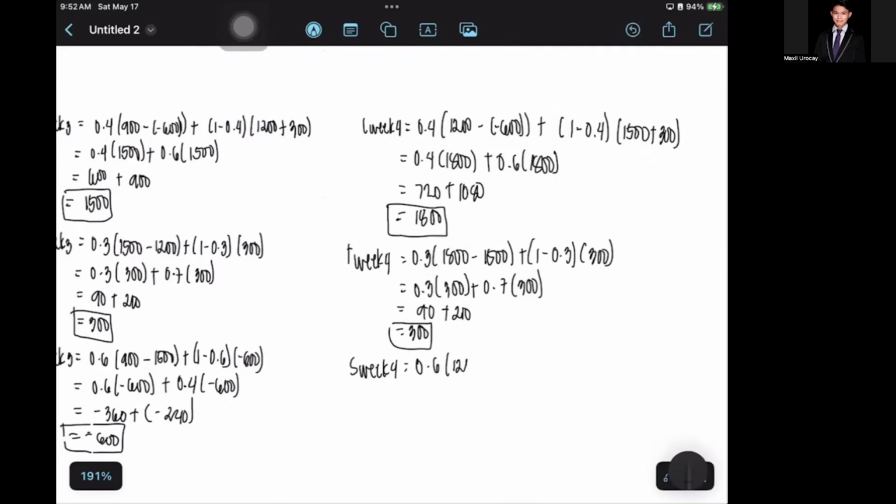And for the seasonality of week 4, it will become 0.6 times the current data, which is 1,200, minus the current level, which is 1,800, and then plus the parameter times the previous seasonality, which is negative 600. So 1,200 minus 1,800, that is still negative 600.